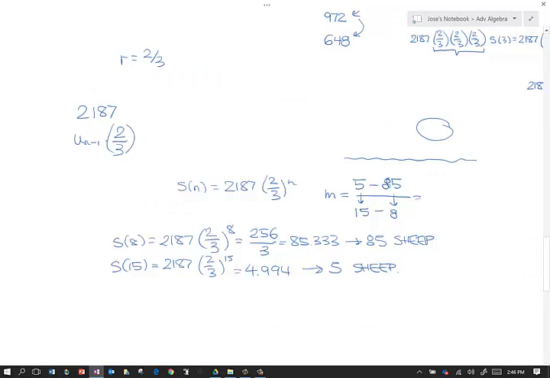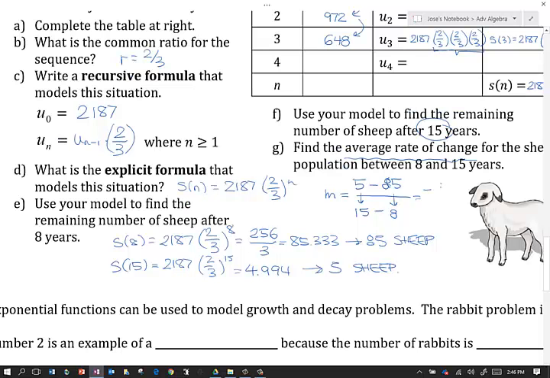This is going to give you negative 80 over 7, or if you actually do that with a calculator, negative 11.42, and the units for that would be sheep per year. Why is it negative? Because the number of sheep was decreasing.